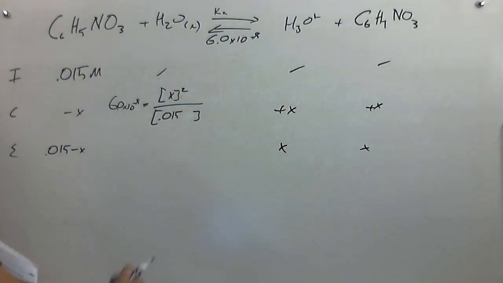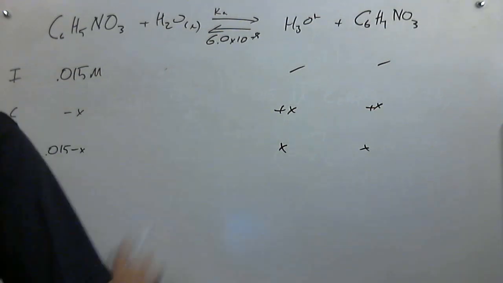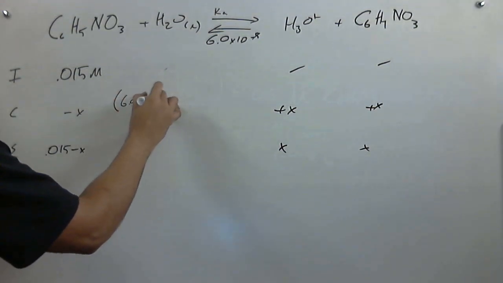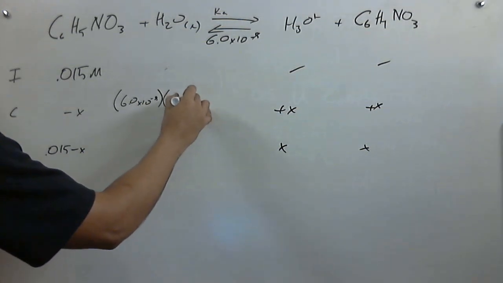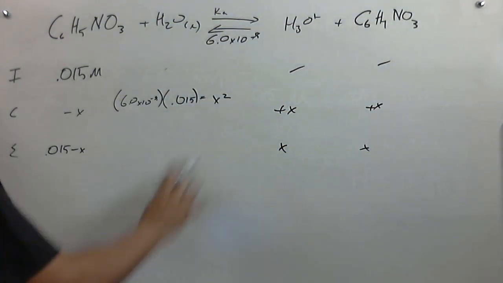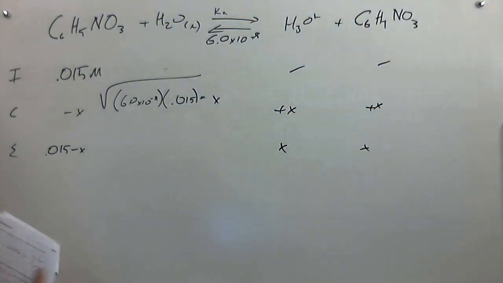So if we want to solve for x, we can bring the x over. Let's rewrite this: 6.0 times 10 to the negative 8th times 0.015 equals x squared. If I want to get rid of that squared, I can square root all this.